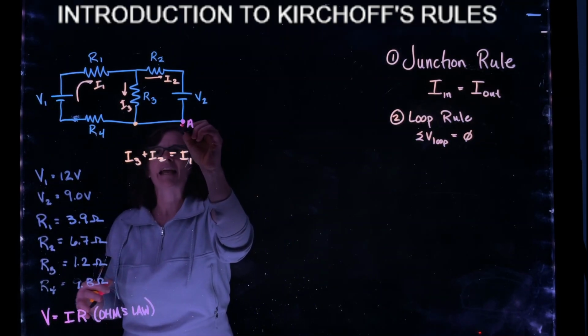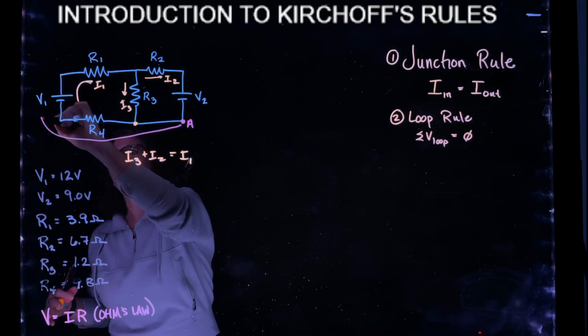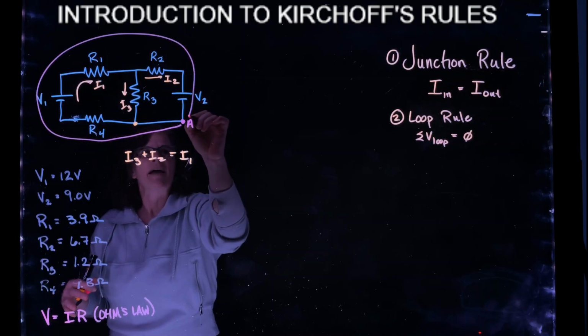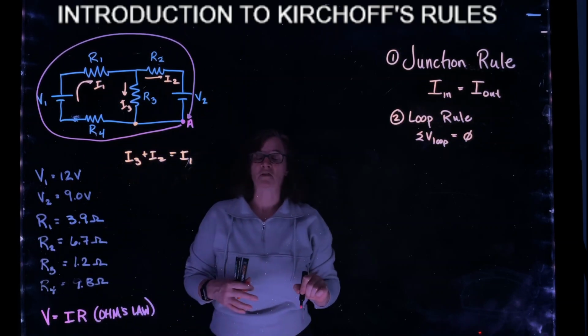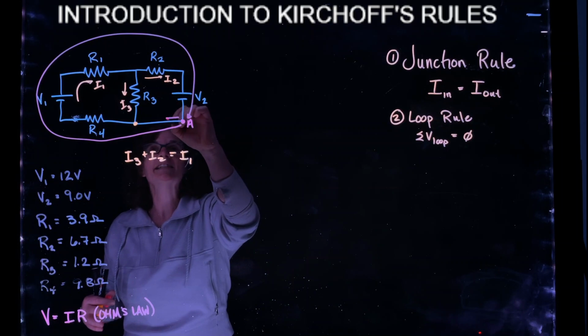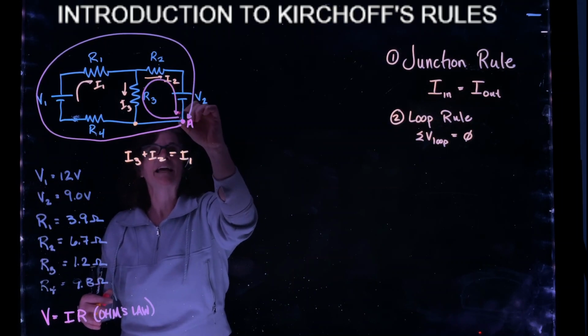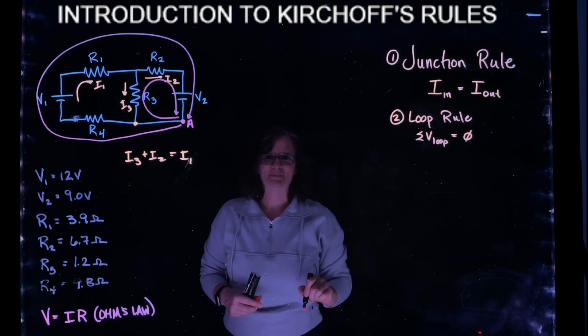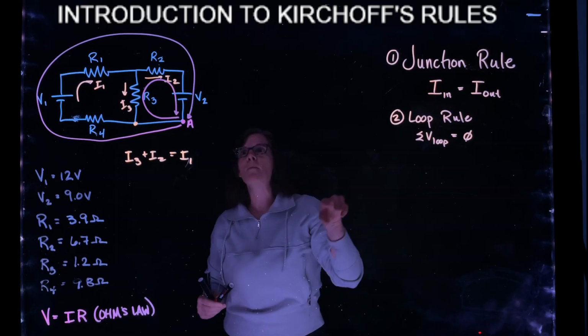Well, I could start at A and I could go around the outside and back to A. There's a loop. I could also start at A and I could go along the inside back to A. There's another loop. And it turns out there's one more loop in this circuit.